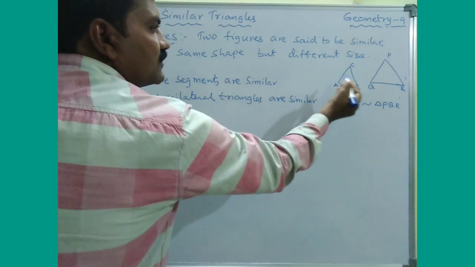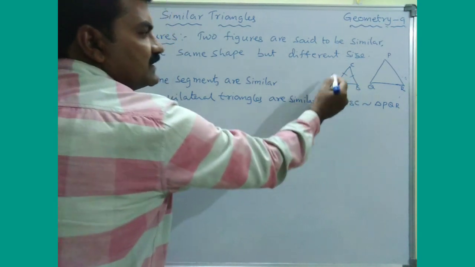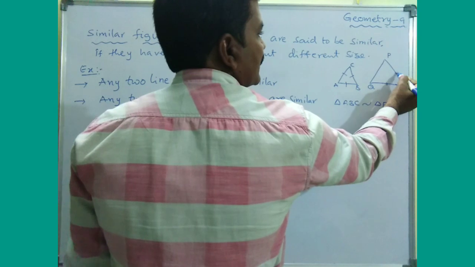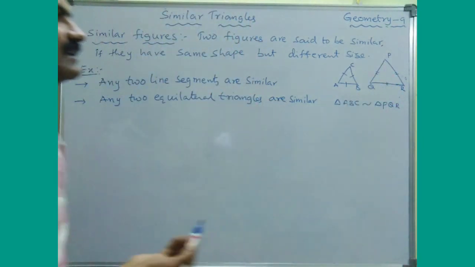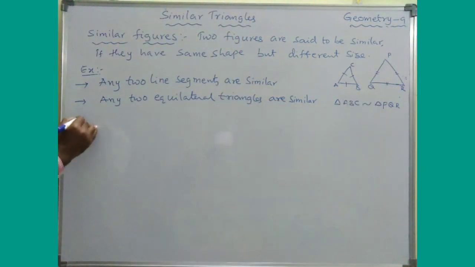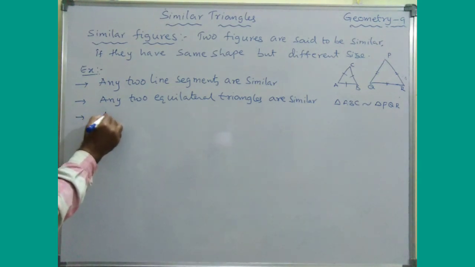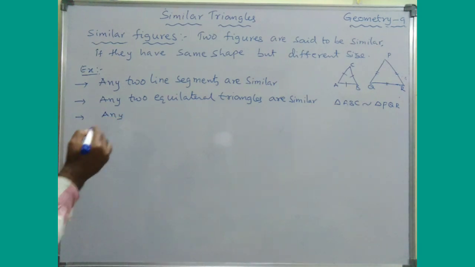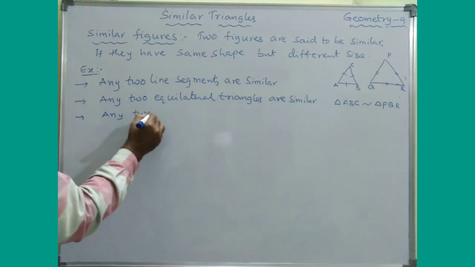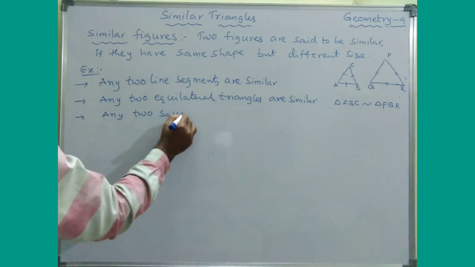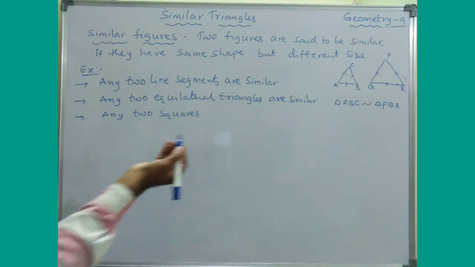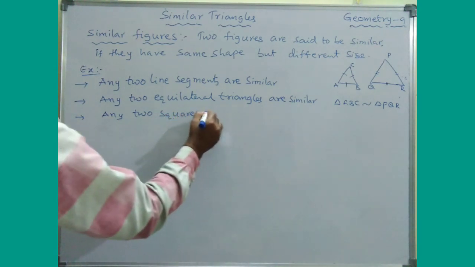Of course, here also better to consider these three sides are equal. Coming to example number 3, any two squares, same shape, no, but different size, are similar.